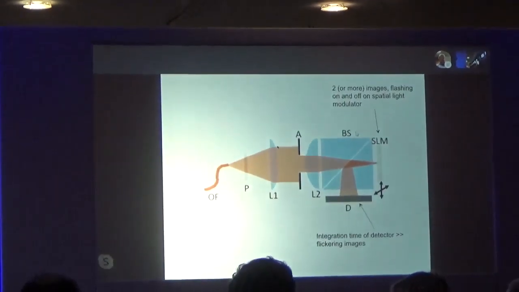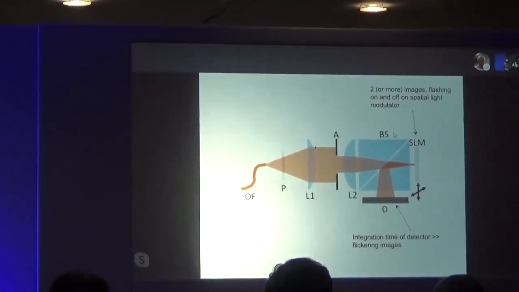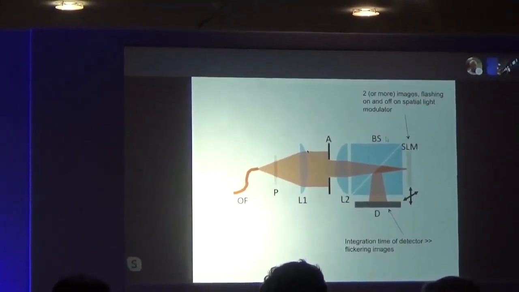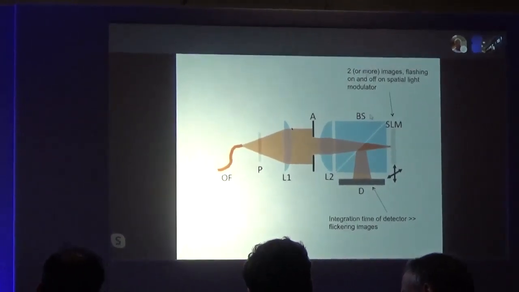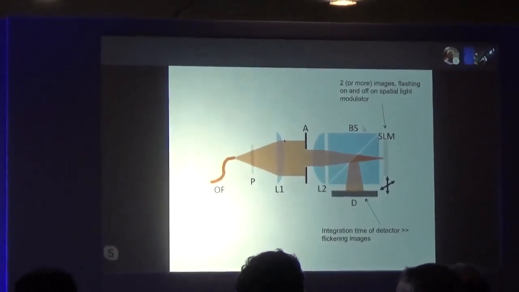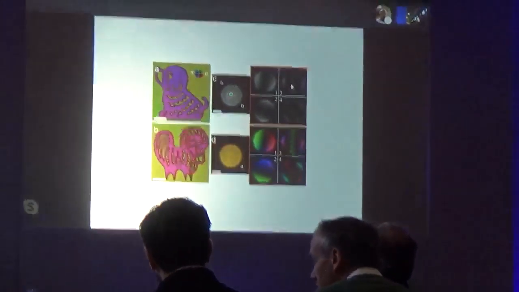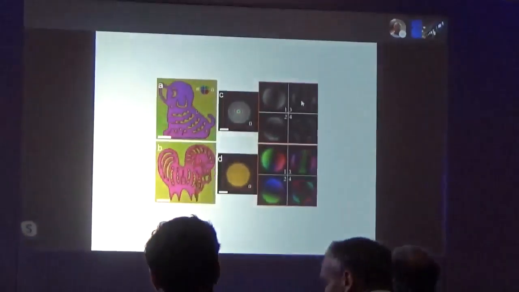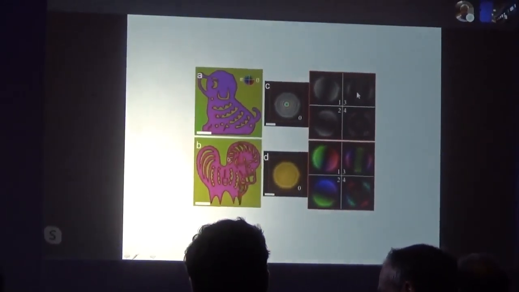Now, this could have application to very high frequency effects. And when I say high frequency, this could be attoseconds. This is a very simple experiment. It demonstrates this, where you have 2 states on an SLM, it's an optical test.